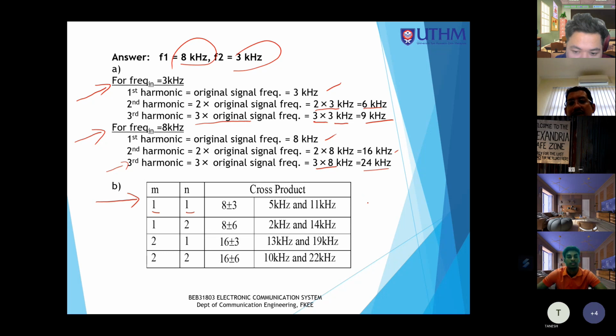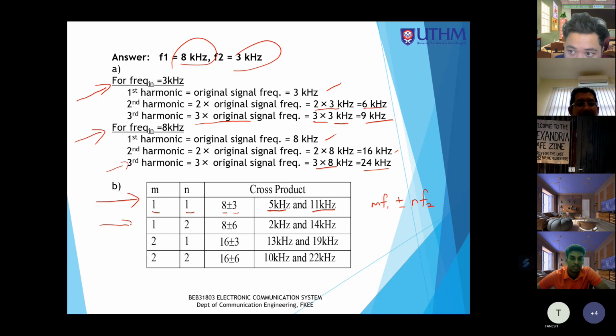Remember, the cross product is equal to MF1 plus minus NF2. So MF1 is 1 times 8, equal to 8, and NF2 is 1 times 3, equal to 3. So 8 plus minus 3. We get 5 kilohertz at the lower frequency. 8 tolak 3 dapat 5. 8 tambah 3 dapat 11 at the upper bound frequency.